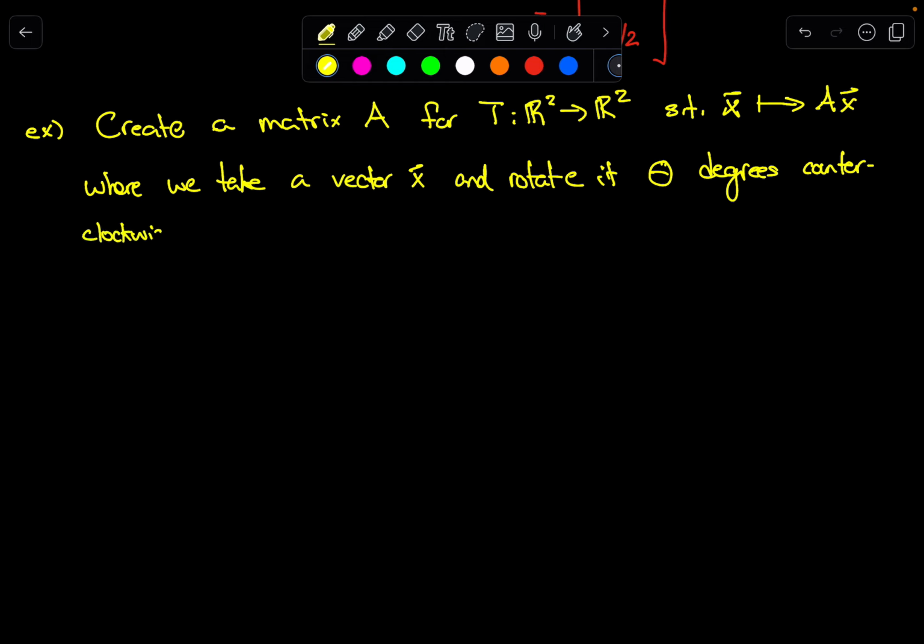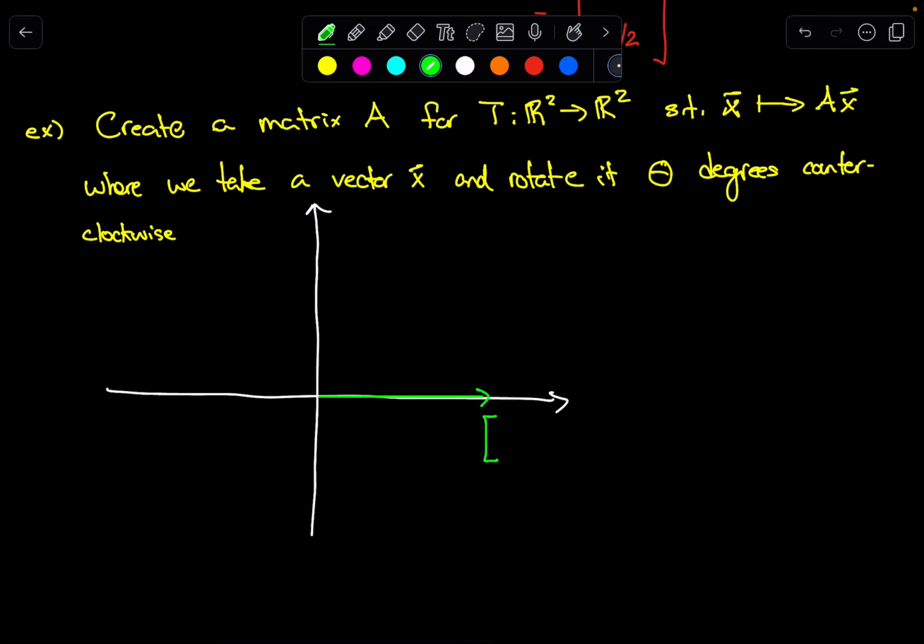So this one is a little bit more interesting to think about because, again, the goal is to figure out what happens to the standard basis vectors. So we're going to draw a picture. But this time, I'm not giving you that it's exactly 90 degrees. We're starting with our standard basis vectors (1, 0) and (0, 1).